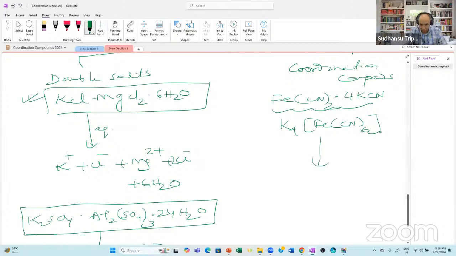And when you put it in water, they do not produce ferrous ion. Yes, potassium ion is produced, that is the counter ion, but instead a very bulky elephant-like negative ion, ferrocyanide ion is formed. Does not produce cyanide ion, does not produce ferrous ion.